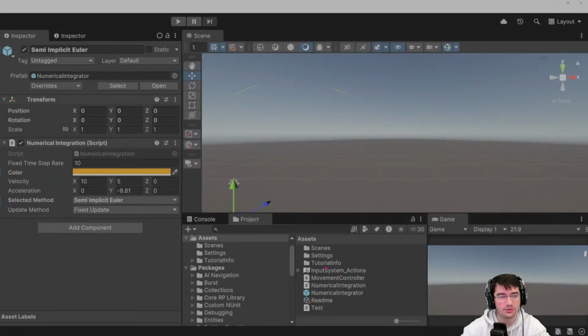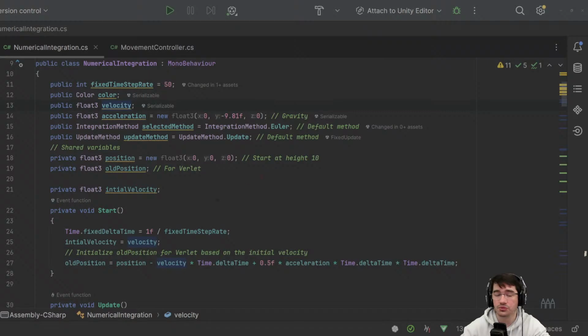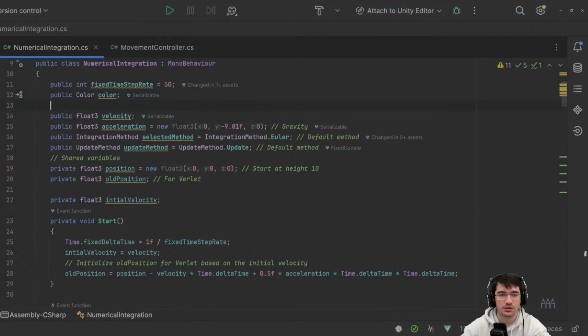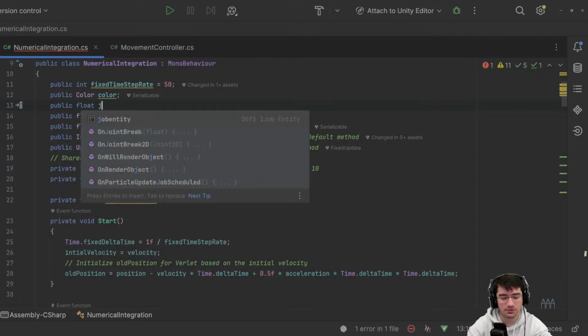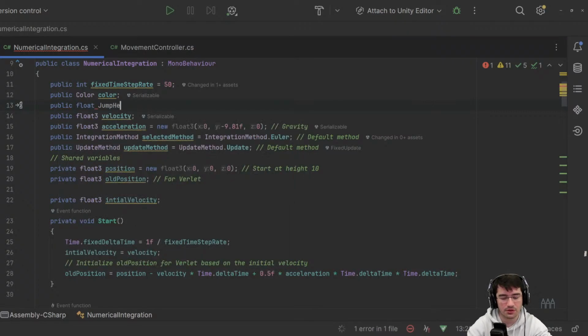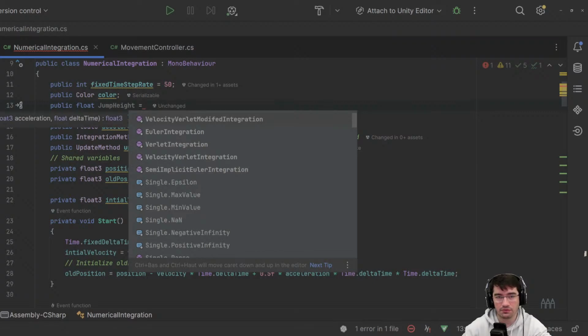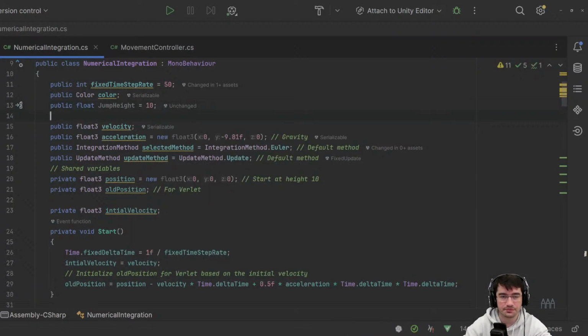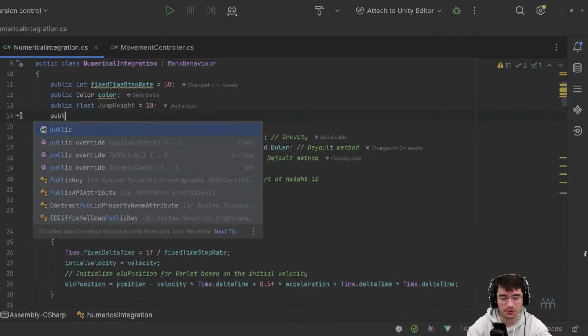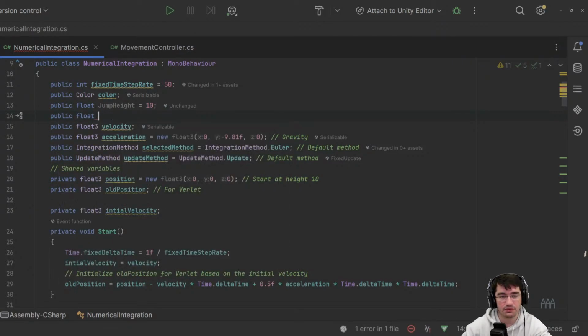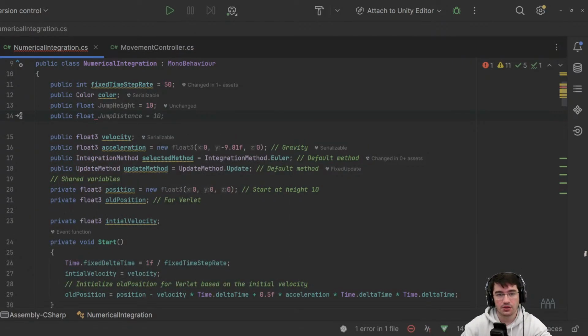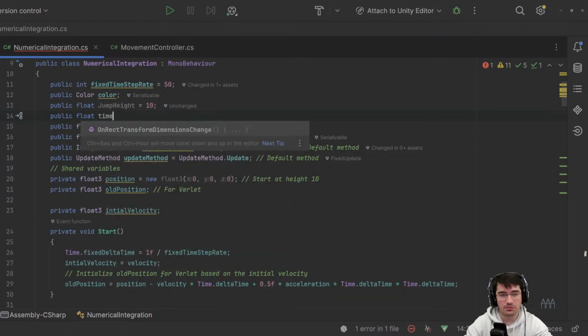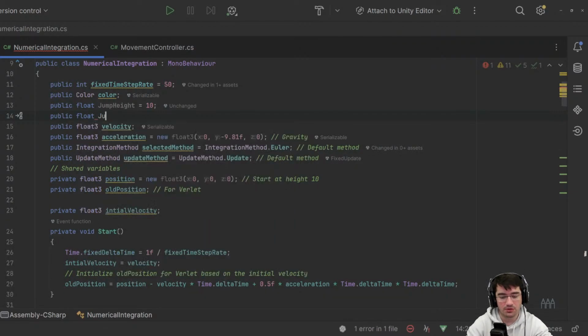So let's say I want to jump: public float jump height, say 10 units, and public float jump time to peak.